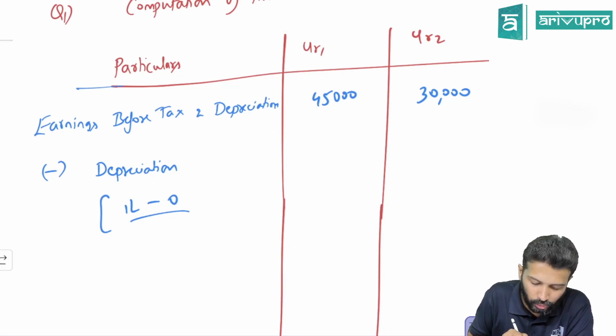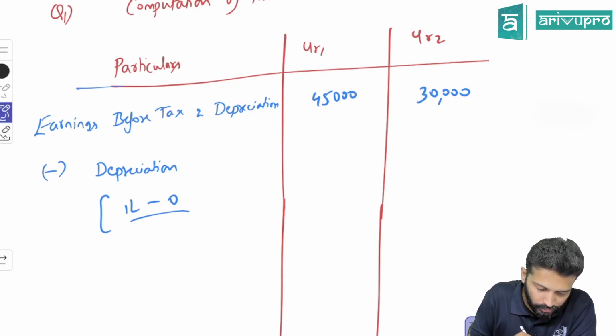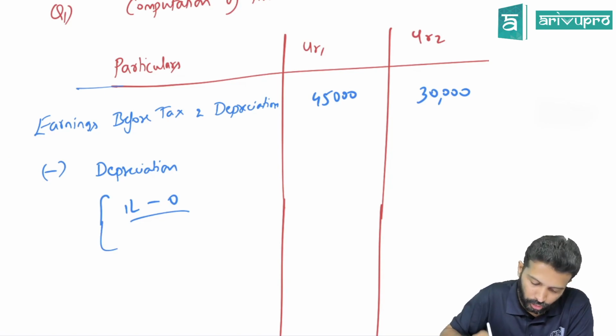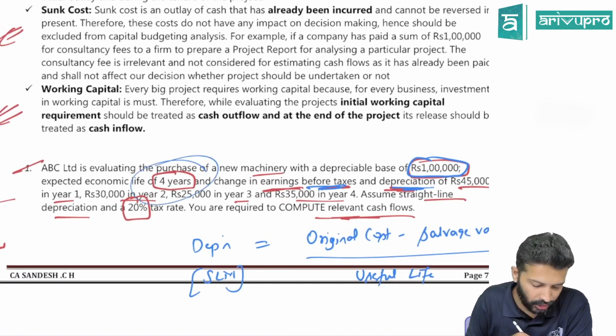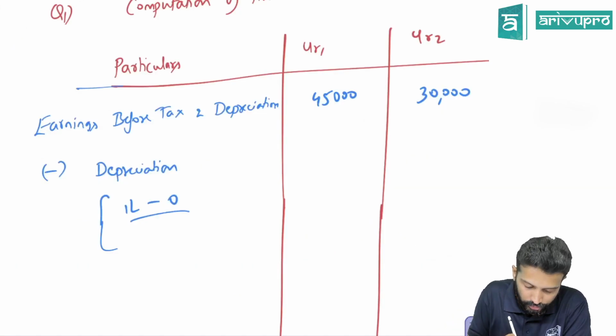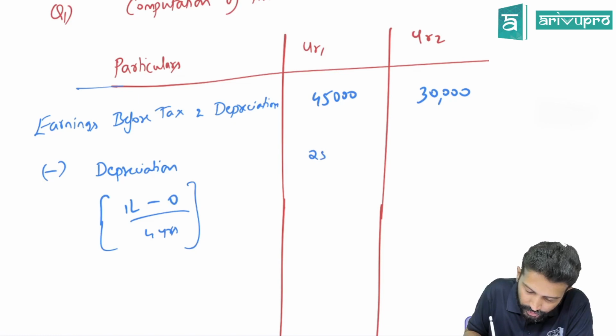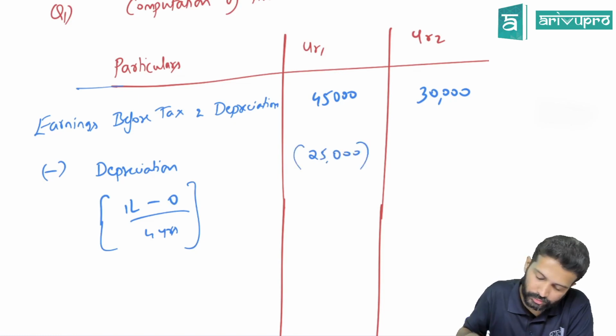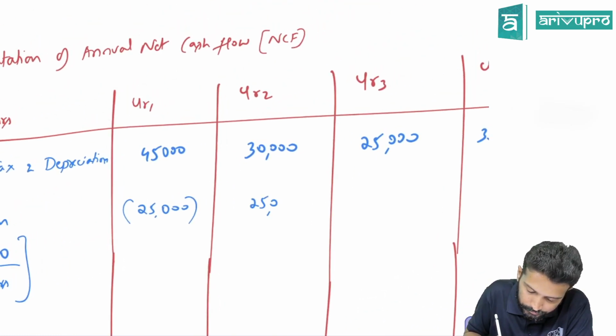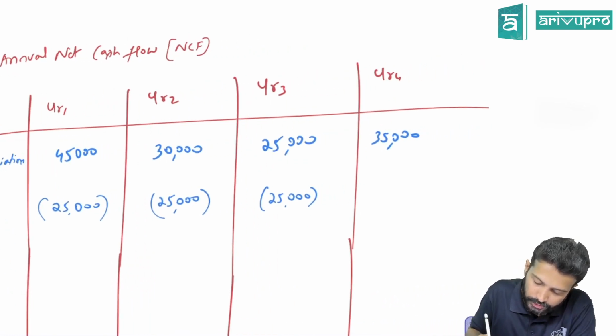That we'll discuss in Accounting Standard 10 later on. Divided by what, sir? The useful life. How much is the machinery's life, sir? 4 years. So what will be our depreciation every year? Depreciation every year will be 25,000. That I have to deduct every year.